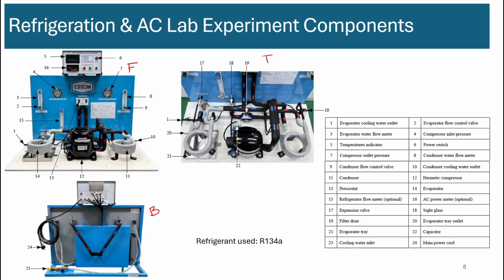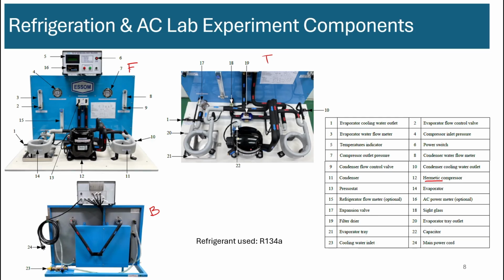So the heart of the system, the compressor, is basically here, and it's item number 12. This is a sealed compressor, fully sealed. All the motor, oil, everything is inside. All the moving parts are inside, so it's fully sealed. That's why it's called a hermetic compressor.